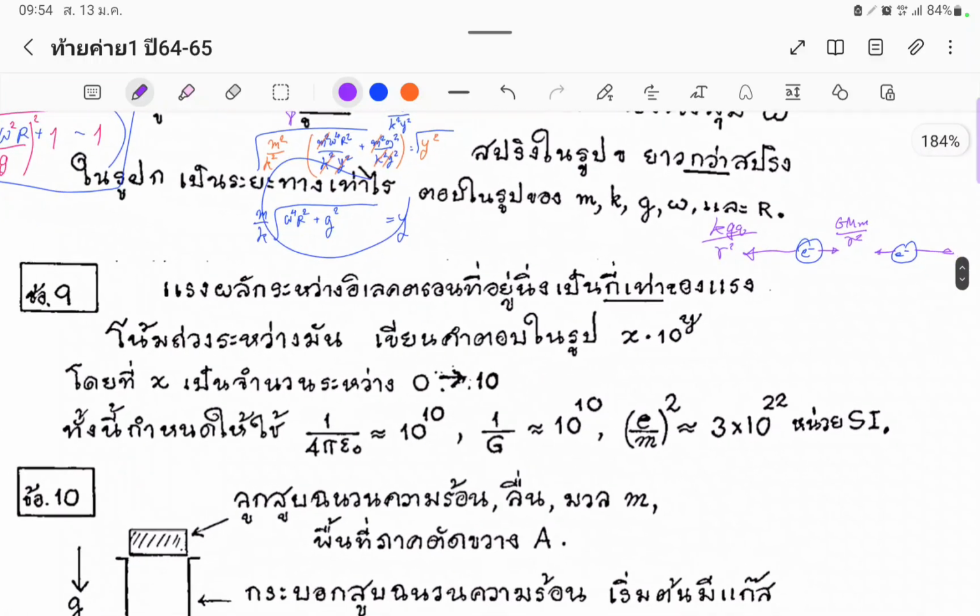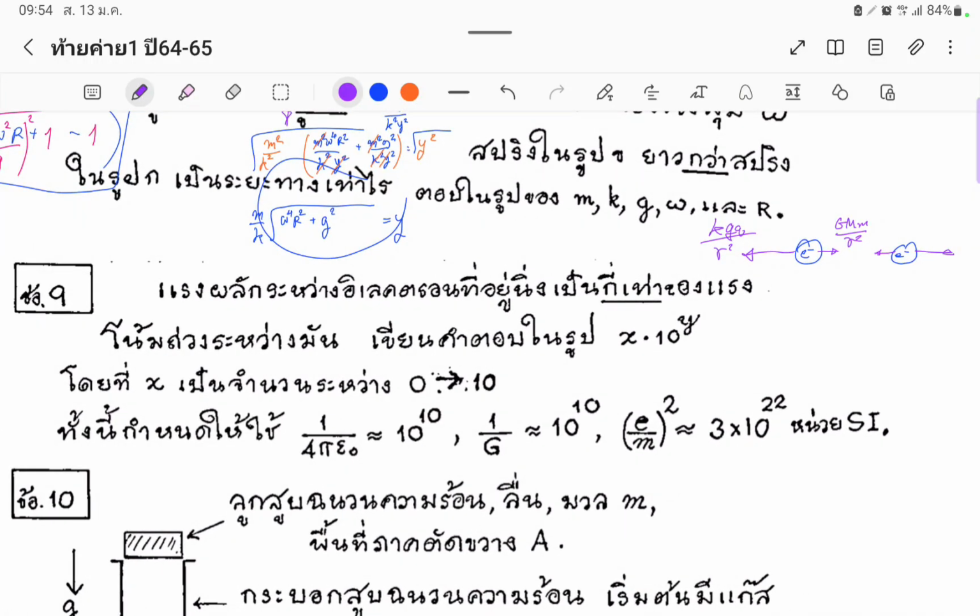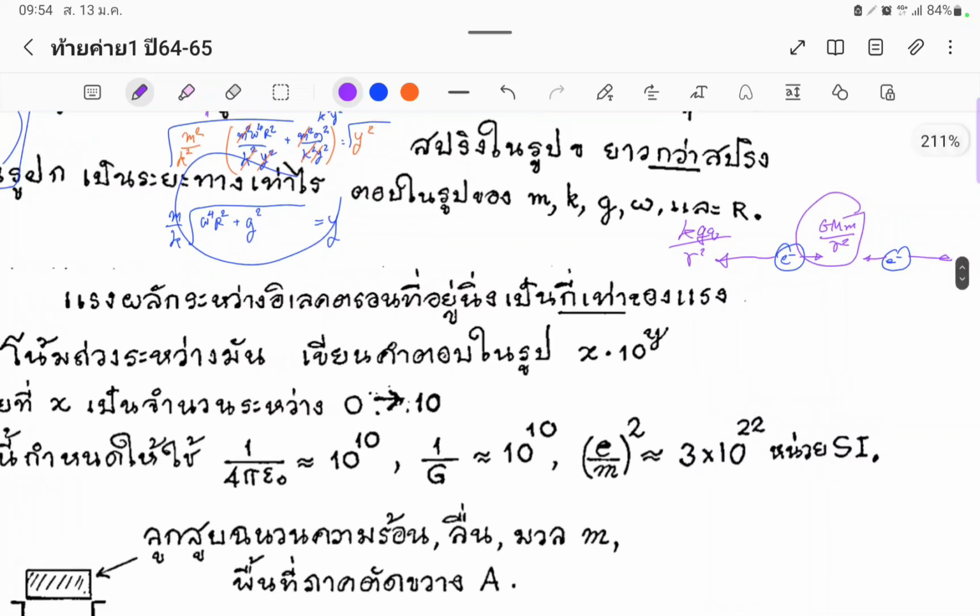And the question asks how much is this divided by this? And they give us many estimations so we can do it easier, because if we substitute k and G and everything else exactly, we're going to be dead.